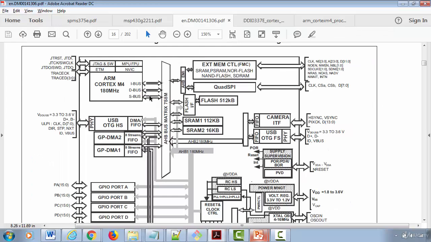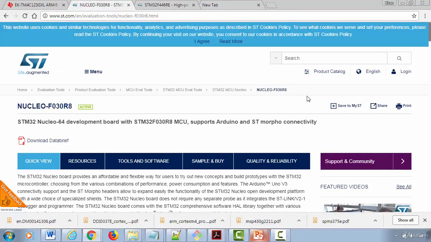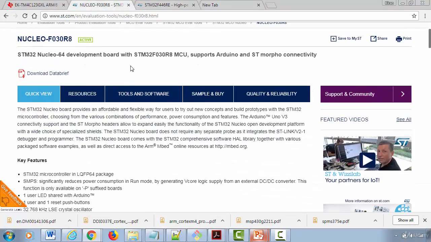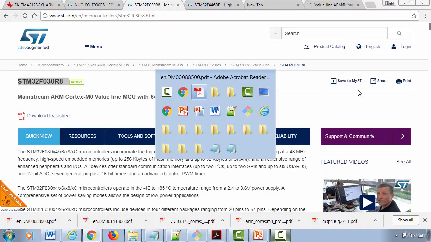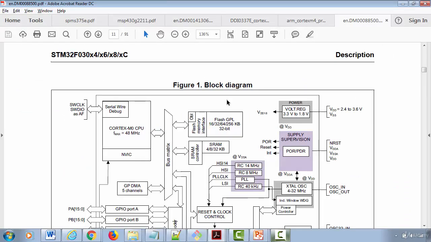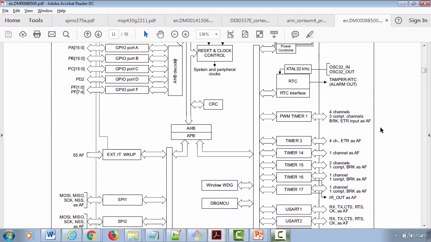Now let me take an example of a different microcontroller, again from ST: the STM32F030R8. If you open the data sheet of this microcontroller, you will also see a block diagram, which is very similar to what you have seen previously.